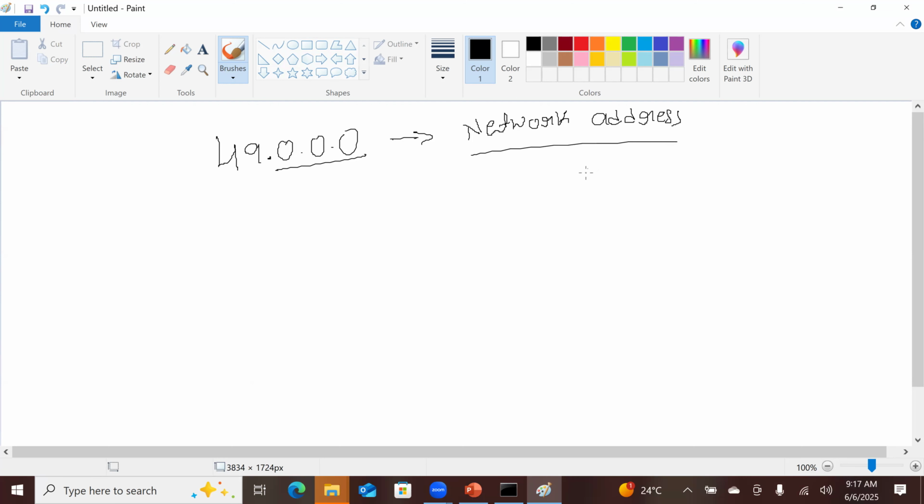If all 24 bits are 1, that is a broadcast address. If I make all of them 1, then obviously I'm going to get 255. So 255.255. This is called what?